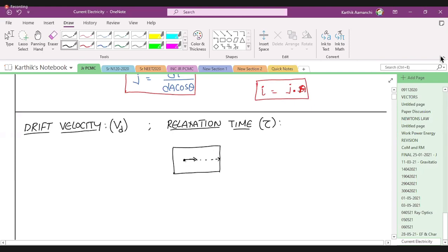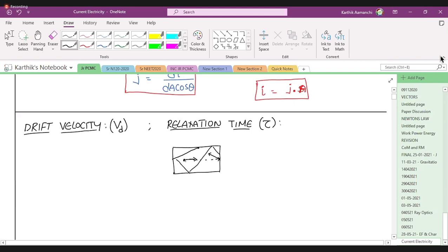So it goes and hits like this, and moves in this direction. Now it will go in this direction, hit another electron or the end of a lattice structure, anything, and again change its direction. It hits this, goes like this, hits this. So the electron will be randomly moving in the given space.